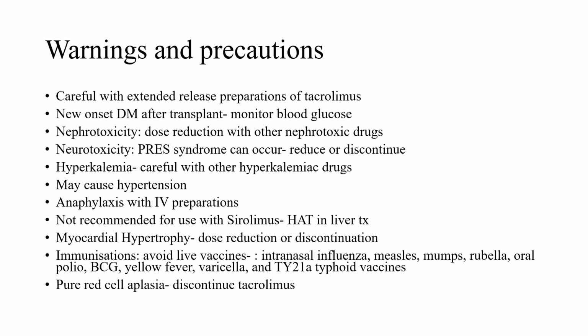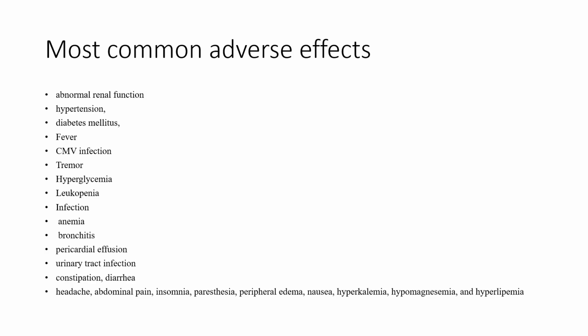Live vaccines should not be administered when the patient is on tacrolimus, because it is an immunosuppressant and the vaccine will cause the disease, particularly intranasal influenza, measles, mumps, rubella, oral polio, BCG, yellow fever, varicella, and Ty21a typhoid vaccine. It is also known to cause pure red cell aplasia. In that case, we have to discontinue tacrolimus because it is more concentrated in the RBCs and it can affect RBC synthesis.